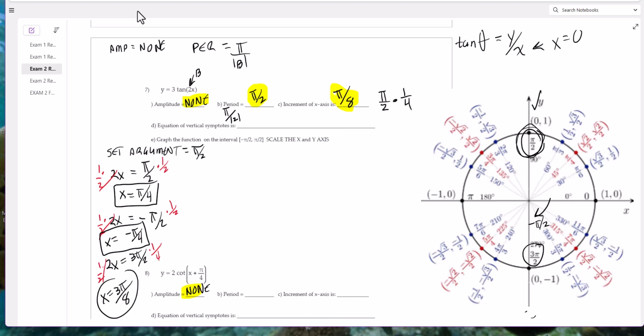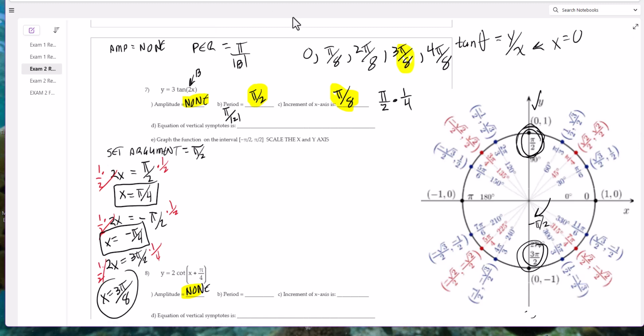So now when I put this together, the increment is going to be pi over 8. So I'm just going to count this out. 0, pi over 8, 2 pi over 8, 3 pi over 8, and 4 pi over 8. So notice on this that there's an asymptote at these 2 locations right here.